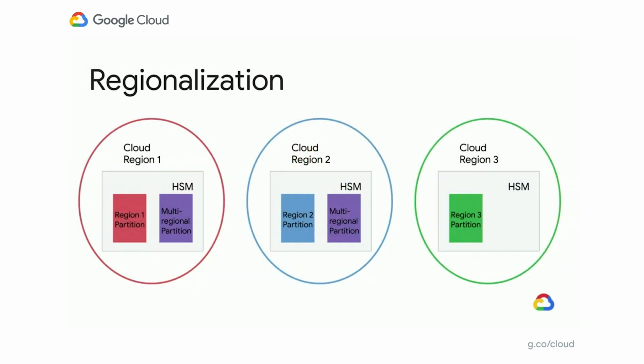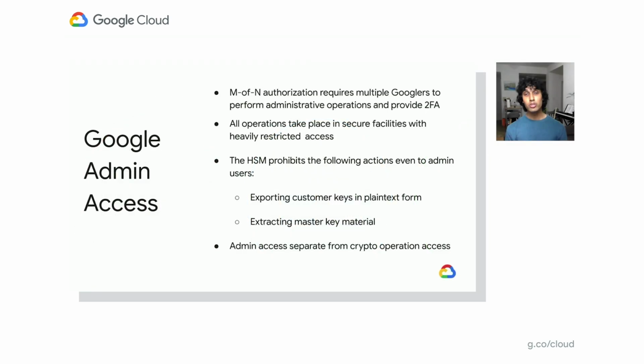Setting the system up, that is, cloning the wrapping keys across different HSMs, is an administrative operation, and we have a different set of controls to make sure that happens safely. First, only a small number of Googlers have permission to perform admin operations. The operations require M of N authorization on the HSMs.